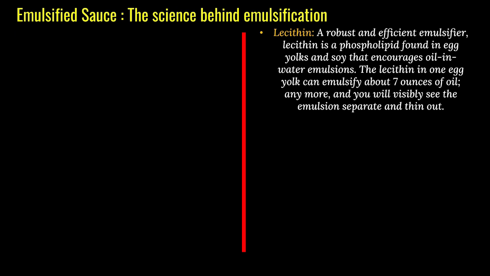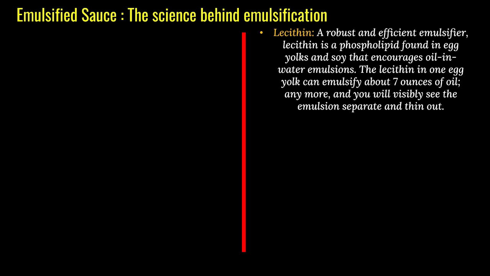Lecithin is a robust and efficient emulsifier. Lecithin is a phospholipid found in egg yolk and soy that encourages oil in water emulsification. The lecithin in one egg yolk can emulsify about 7 ounces of oil. What is 7 ounces?